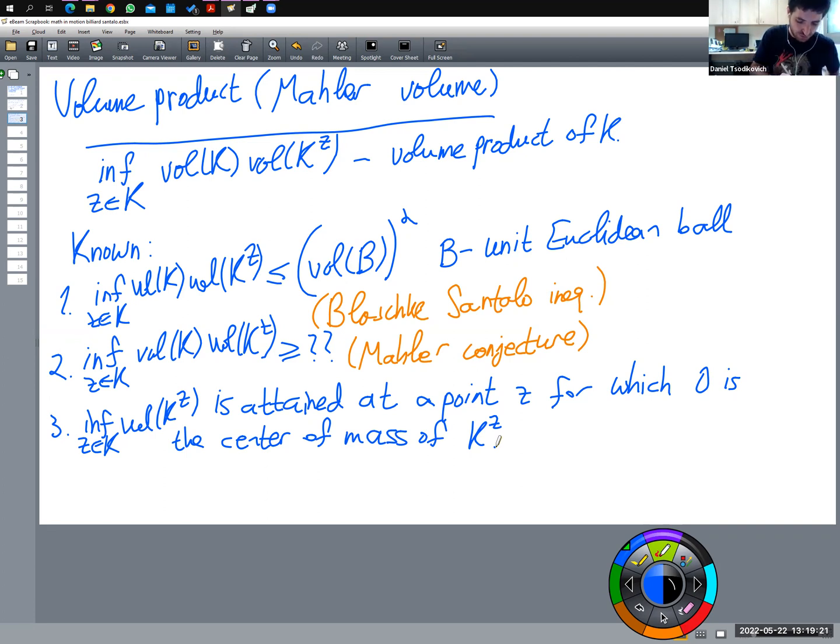And one more thing is that we know what are the maximizers of the volume product in the case of polygons.